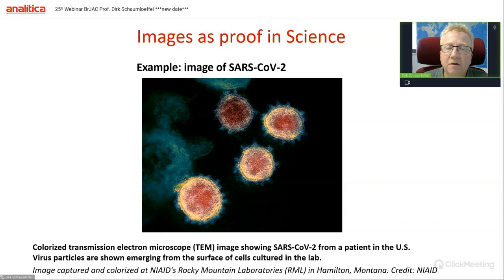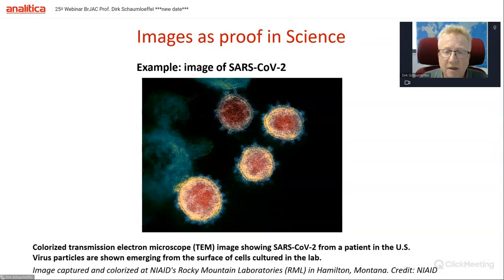An example here, the image of the so-called COVID virus or SARS-CoV-2 virus. This was one of the first images of this virus, obtained with transmission electron microscopy, and these images are colorized. By these images, we had worldwide the first information, from a laboratory in the US, about how this coronavirus looks.